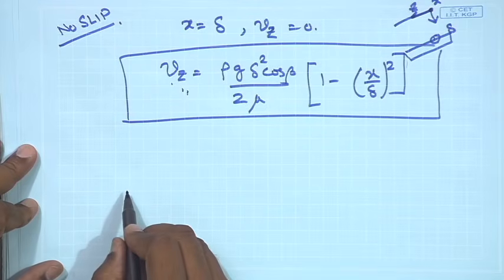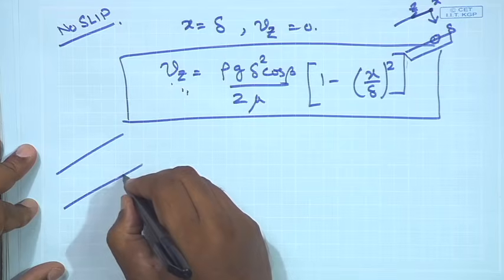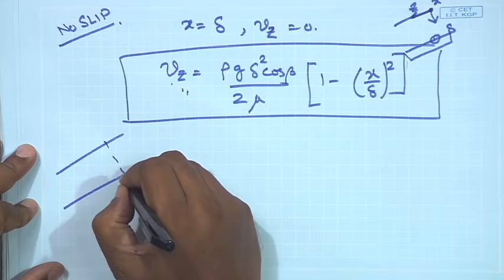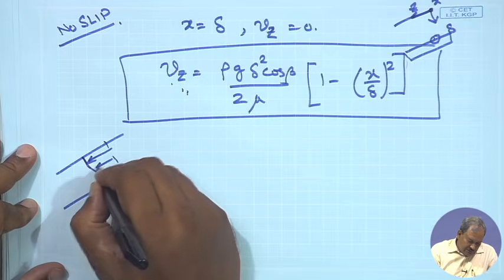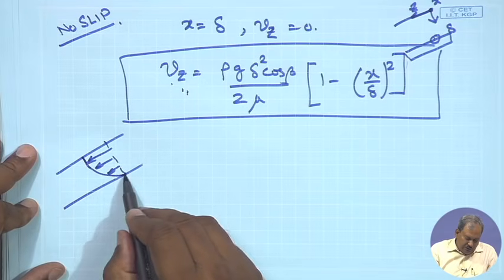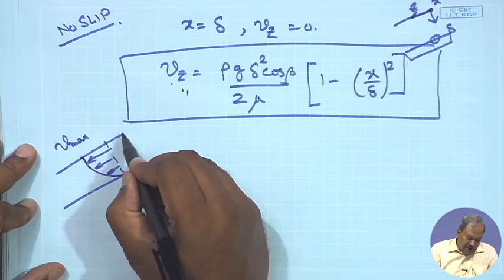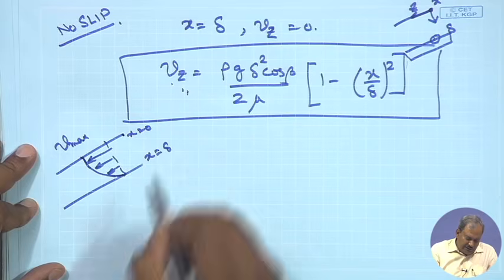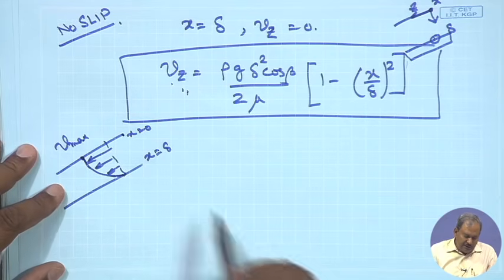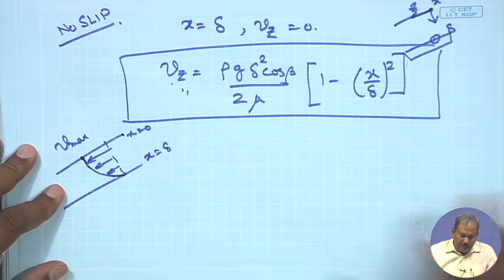So if you plot the velocity, it is going to be something like this. The velocity varies from 0 at x equals delta to some v max at x equals 0, and in between it follows a parabolic path.